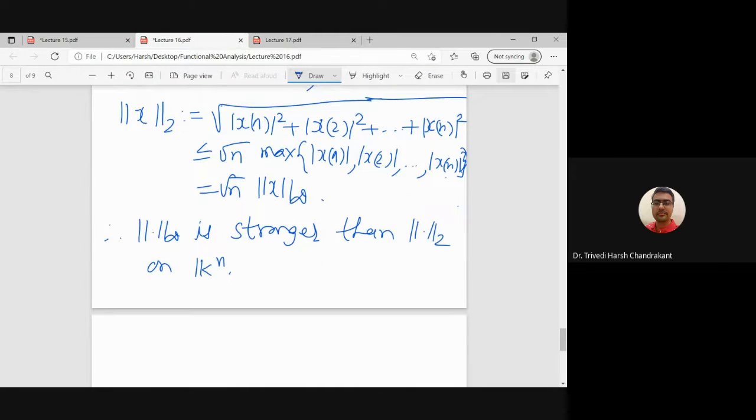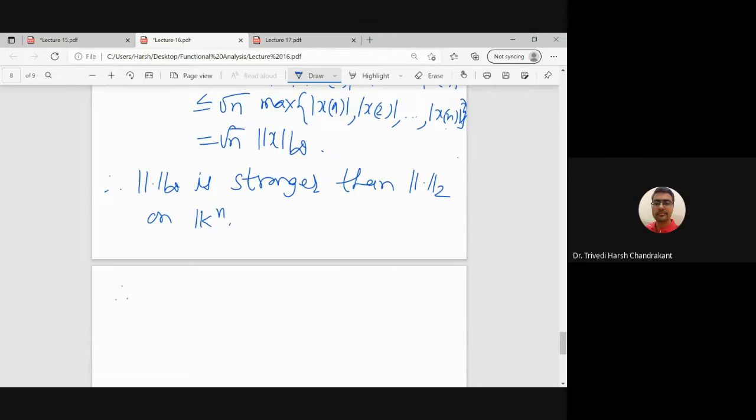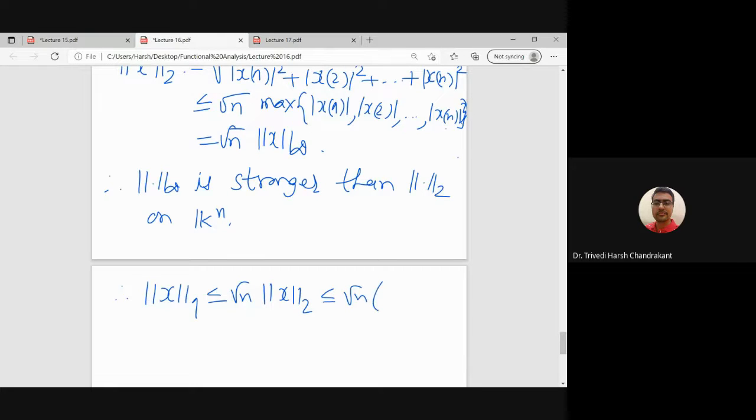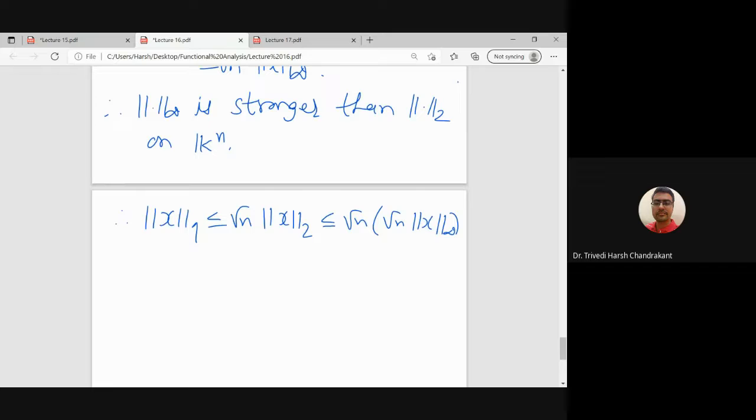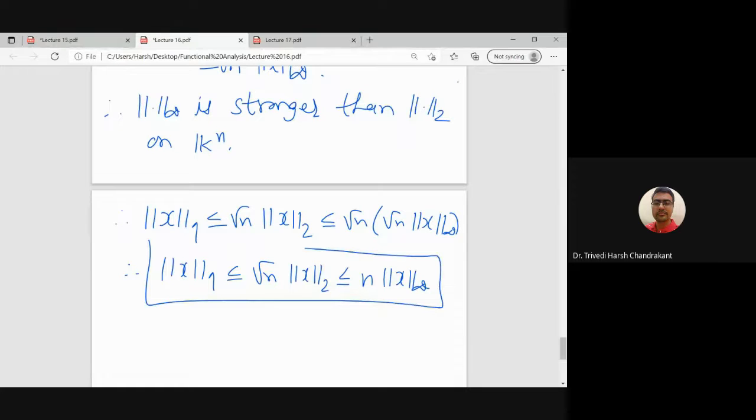So in short, we proved that the 1 norm of x is less than or equal to root n times the 2 norm of x, and then we proved the 2 norm of x is again less than or equal to root n times the infinity norm. Therefore we got the 1 norm less than or equal to root n times the 2 norm, less than or equal to n times the infinity norm. This is true for all x in Kn.